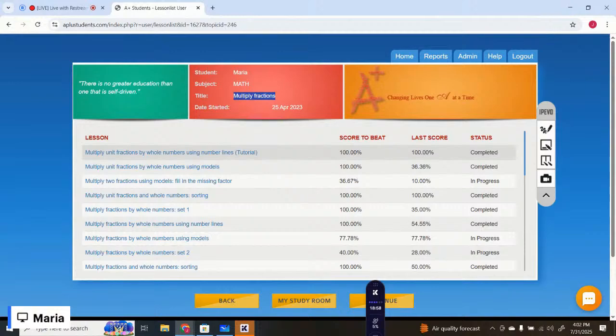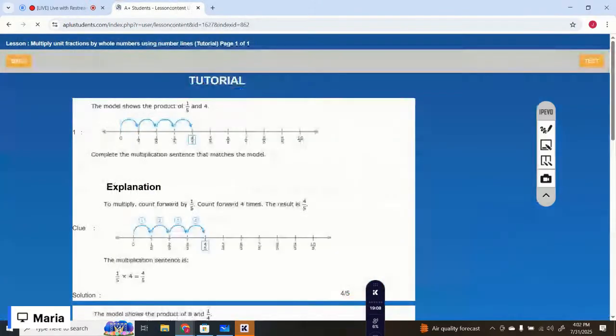Let's just start with the first lesson, that is multiply unit fractions by whole numbers using number line. The model shows the product of 1 by 5 and 4.